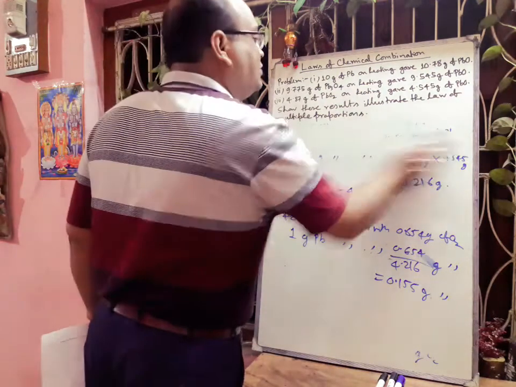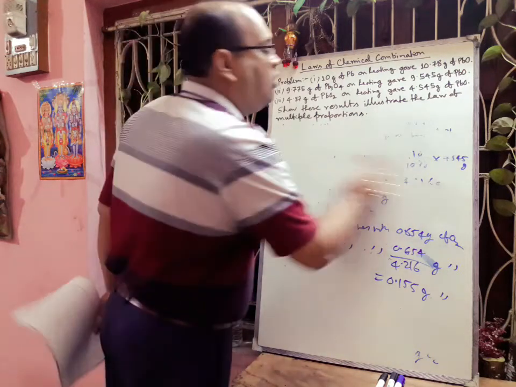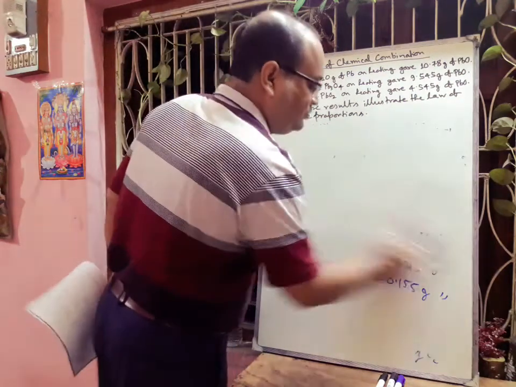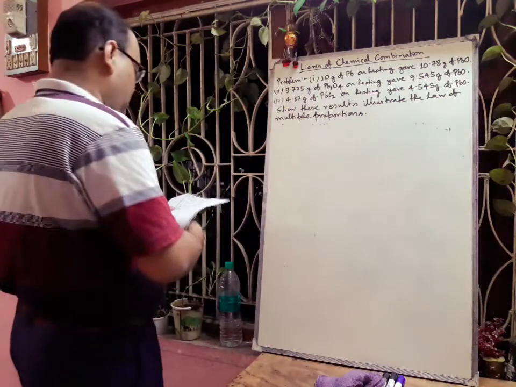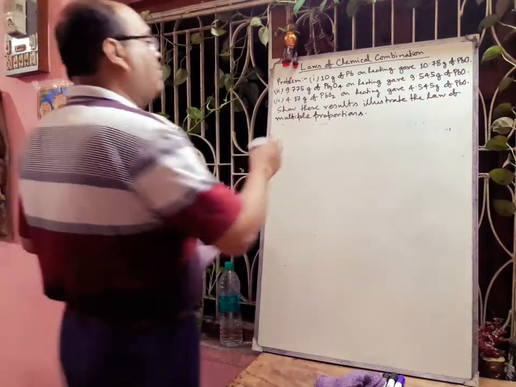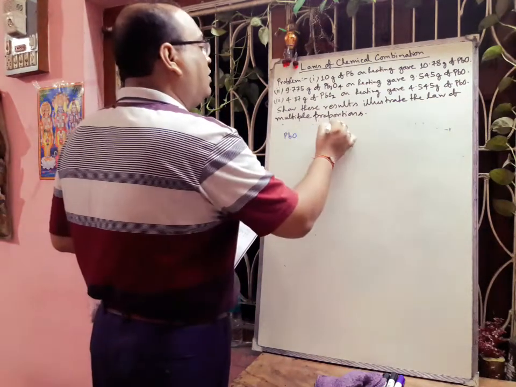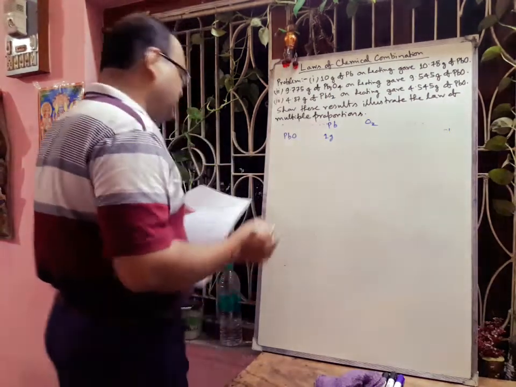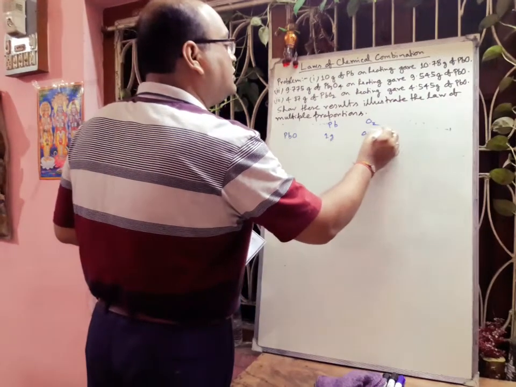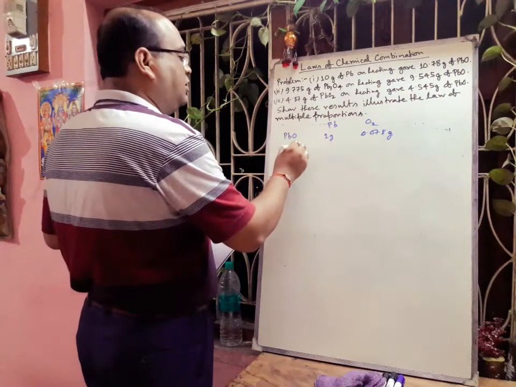In each case, we have calculated how much oxygen 1 gram lead combines with. So the first compound was PbO. Here the amount of lead was 1 gram and the amount of oxygen combined was 0.078 gram. In the second case, the compound was Pb3O4.